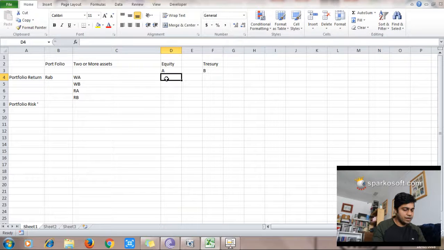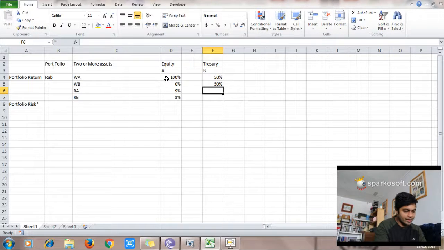For example, let's say we are creating a portfolio which has 100% equity and 0% treasury. Return on equity is, let's say, 9%, and treasury gives us around 3%. Versus, we are creating another portfolio that has 50% equity and 50% treasury.